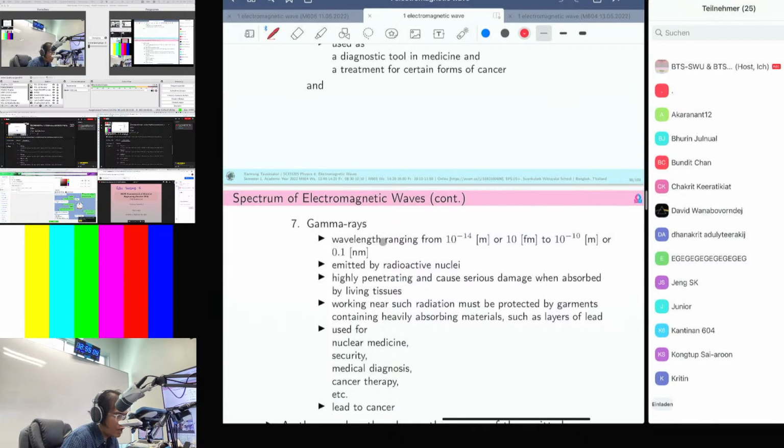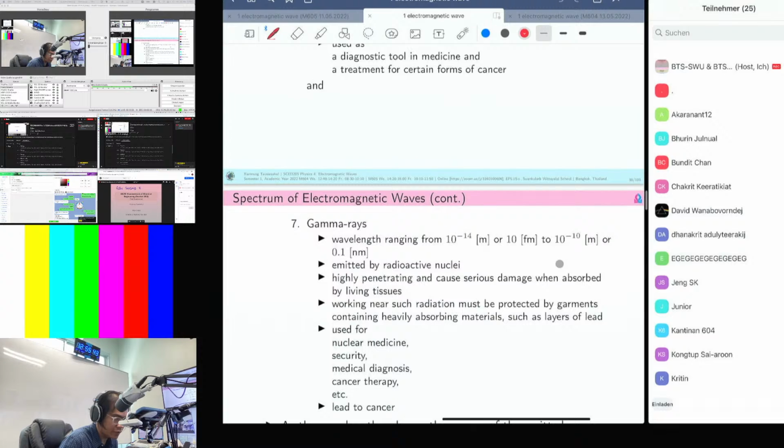What about the wavelength? The wavelength of gamma ray is from 10 to the -14 to 10 to the -10. In spatial scale, this is the femtometer. Maybe I have already explained it to you. It's 10 to the -15, and once we have 10 of that, it's 10 to the -14. This is called femtometer or Fermi.